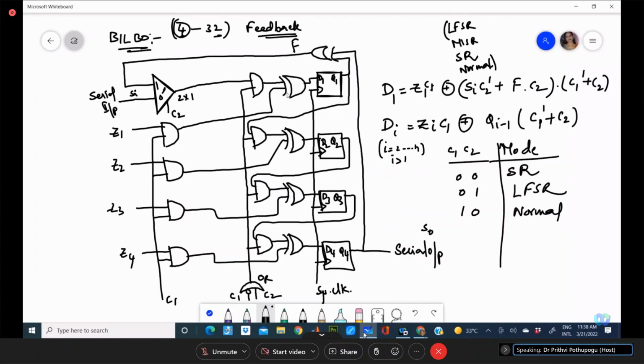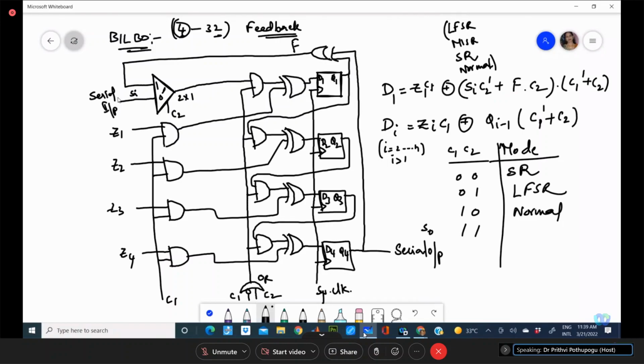Okay, next one. Ma'am, can you explain the normal operation again? If C1 is 1, Z is the response that is being analyzed. Z will be connected to your circuit. Then C2 is 0 means that is your serial data, the pattern that will be given for analyzing, normal shifting.